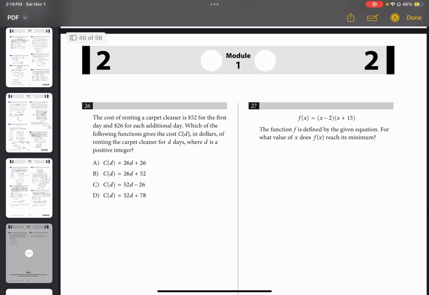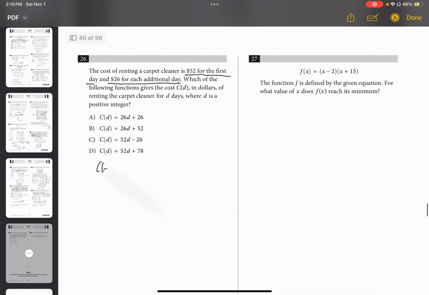Number 26, the cost of renting a carpet cleaner is $52 for the first day and $26 for each additional day. Which of the following functions gives the cost C of D in dollars of renting the carpet cleaner for D days where D is a positive integer? So we know that C of D is equal to 52 for the first day plus 26 for each additional day.